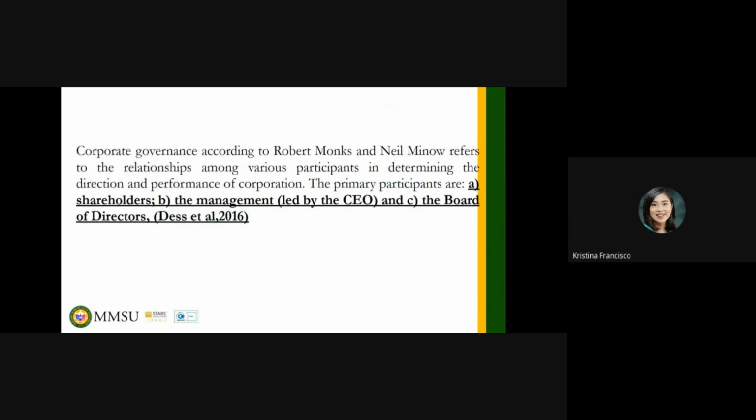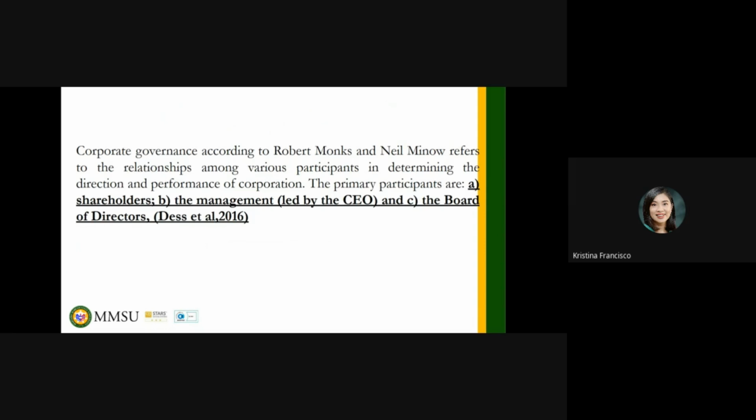So corporate governance, according to Robert Monks and Neil, refers to the relationships among various participants in determining the direction and performance of the corporation. So how do we govern an organization? So there are primary participants. So we have, of course, your shareholders, obviously.